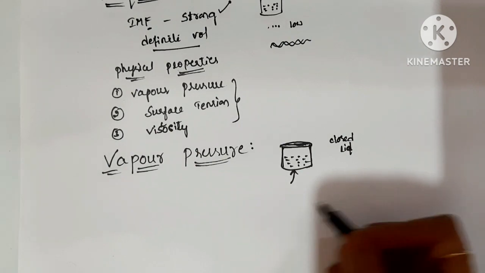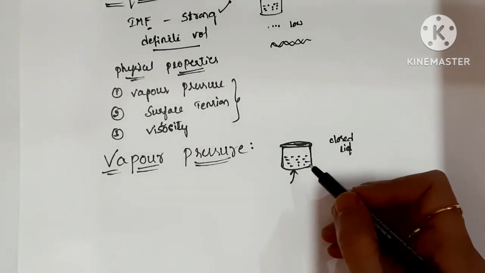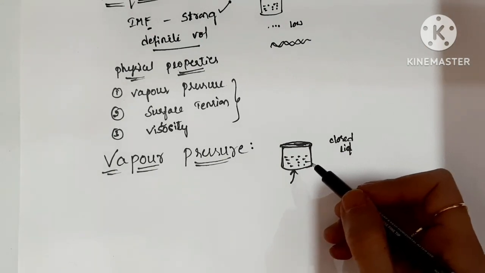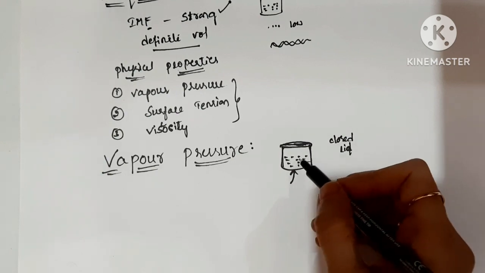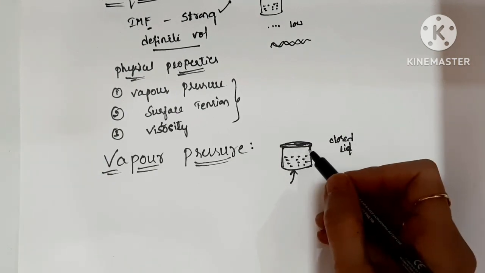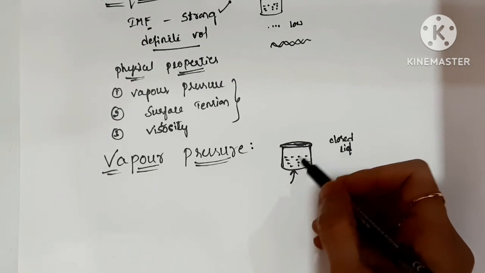We see this in our homes also. When we heat water in a vessel, and that vessel is closed, and we apply high temperature to it, the molecules present in the water go to the walls of the vessel, and it's boiling.